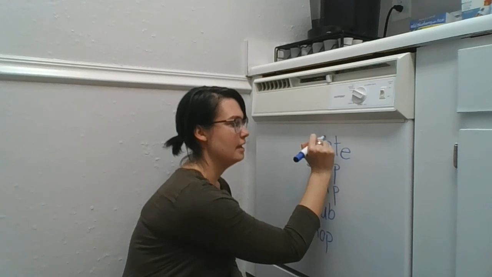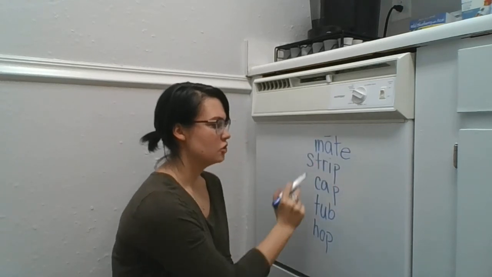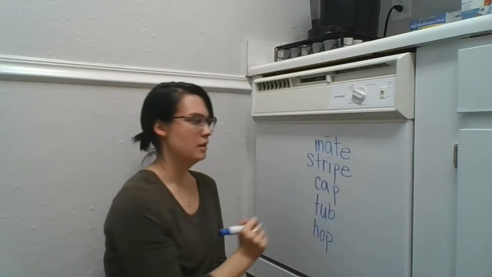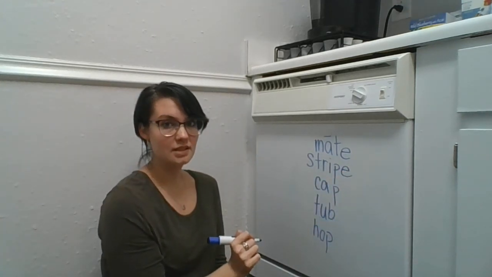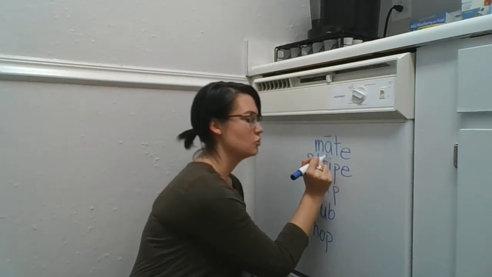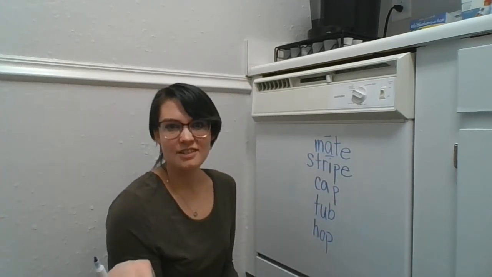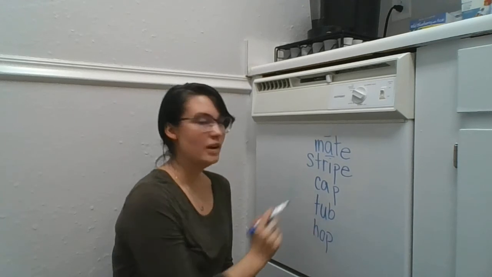The E made the A long. Strip, add the E, becomes stripe. Good job. So you can say to your grown-ups, what do you think cap will turn into if we add an E?